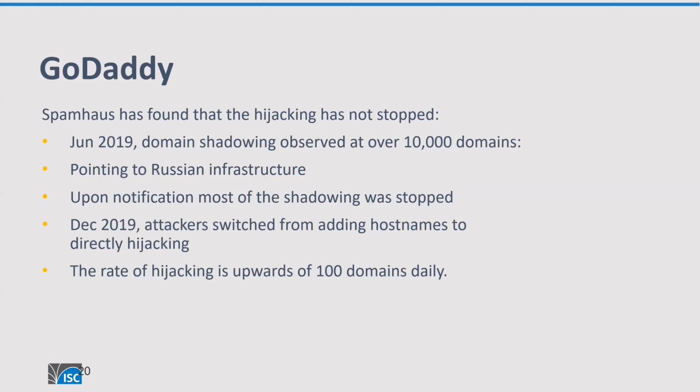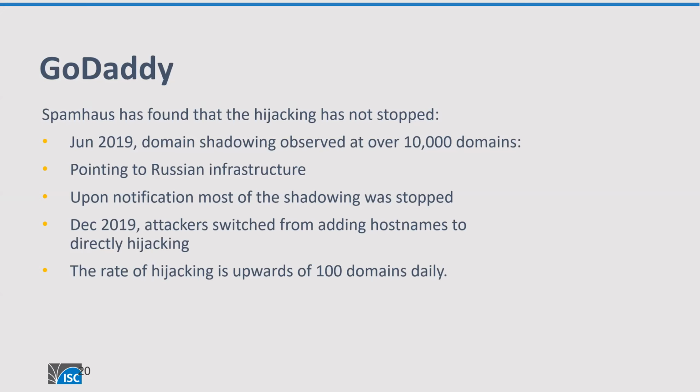We've seen them go from, after they see this domain shadowing happen, they go back to just directly hijacking the domains. So they've been doing this at a high clip from December 2019 up until today, and it's happening upwards of 100 domains daily, sometimes more.